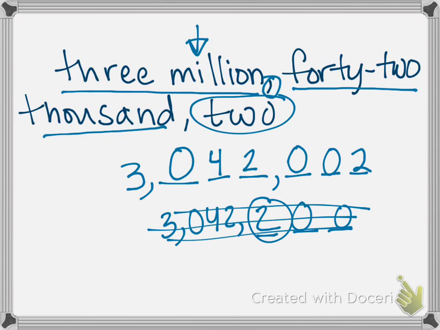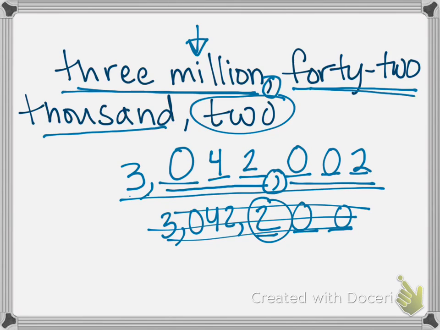So now we're going to check our work. 3 million, we're reading this number to ourselves, 3,042,002. We're going to come back up here and check it. 3,042,002. So as you're doing tonight's homework, you can rewatch this video. You can also use your notes and your place value chart to support you.